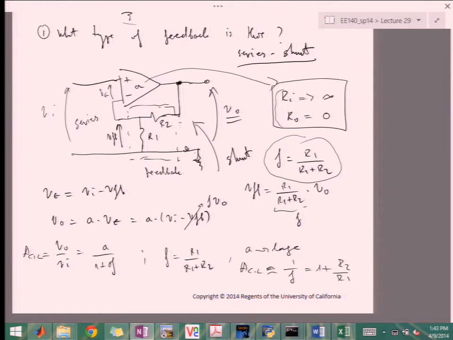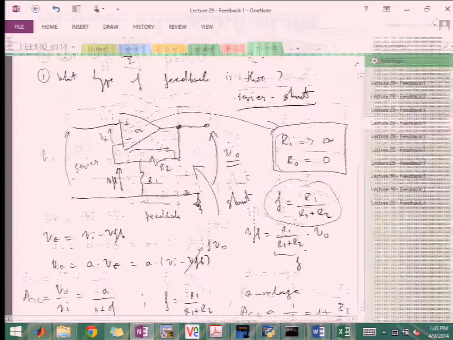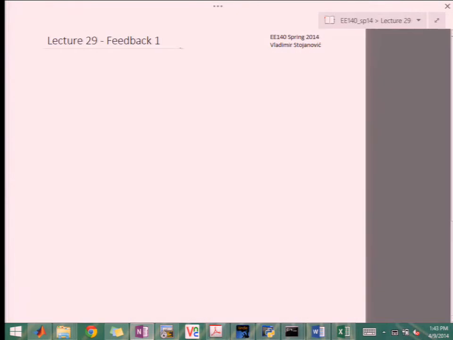Now, when you go into more practical configurations, what you will have is something else and more complicated. You will have, let's say, Ri finite and Ro non-zero.